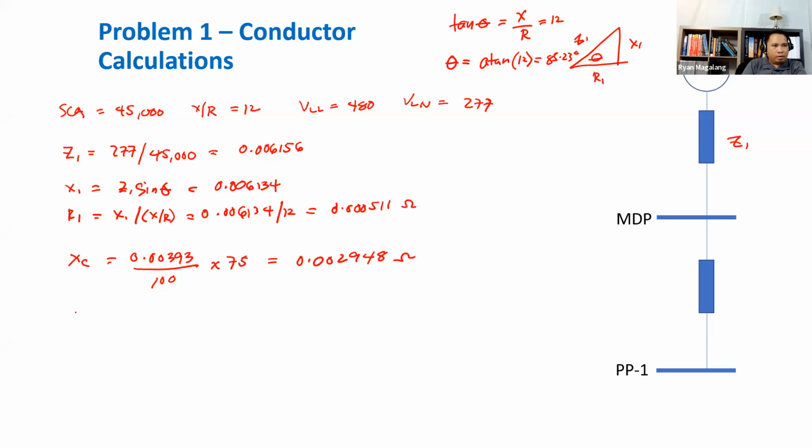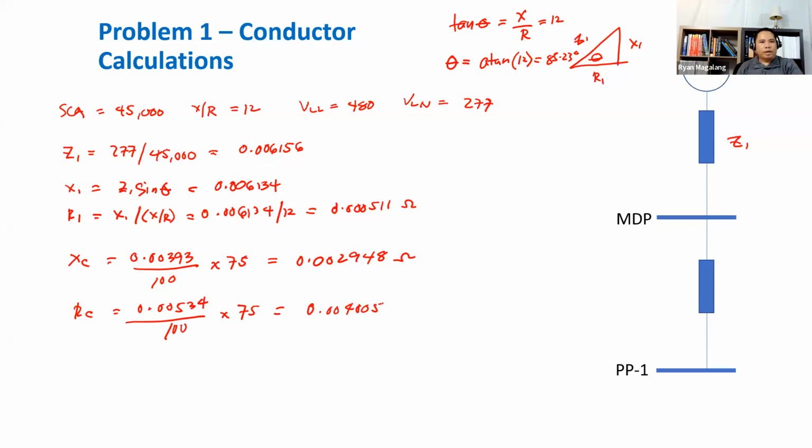So in the same manner, we'll obtain our resistance, and the resistance is 0.00534 per 100 feet times again 75 feet.